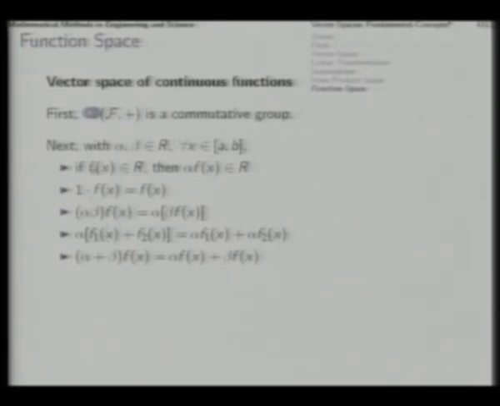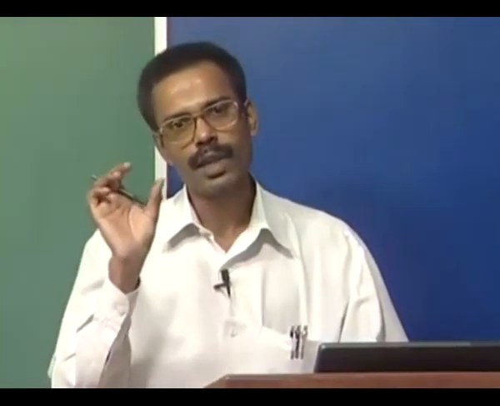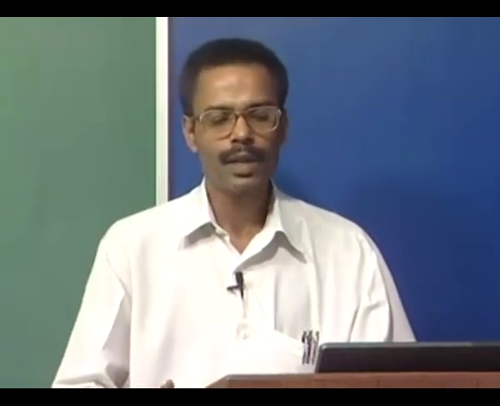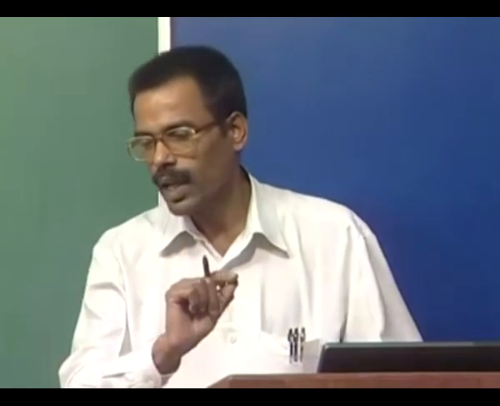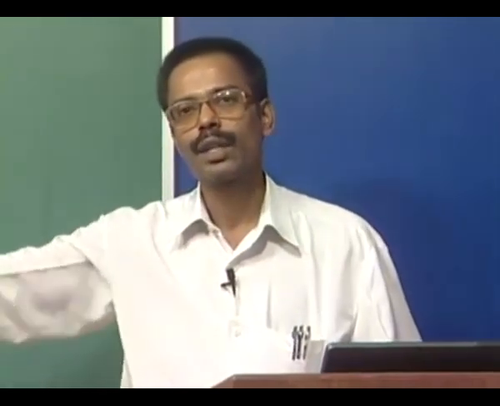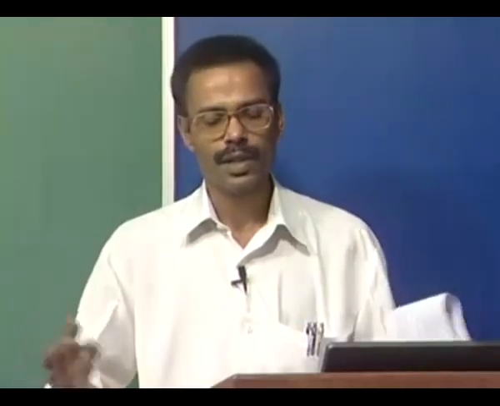You can verify all of these and find that all of these conditions hold. That will mean that the set capital F of all such real valued continuous functions over the interval A B among themselves form a vector space of infinite dimensions, and listing of values at selected points is actually just a basis to describe all such functions.